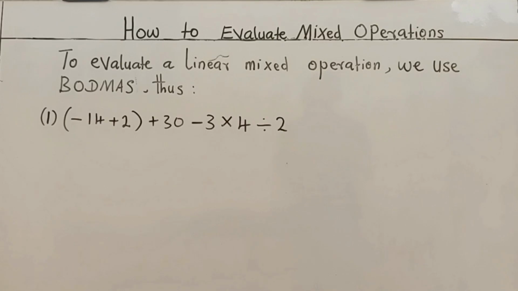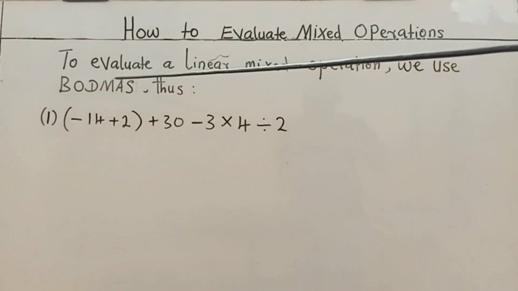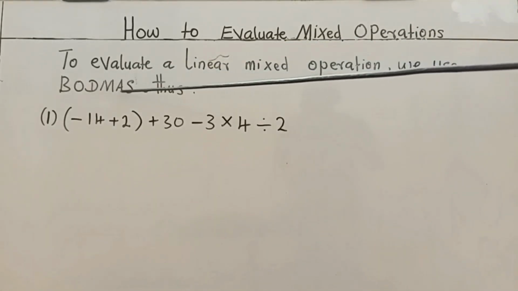So, which means do brackets first, followed by off, followed by division, followed by multiplication, followed by addition, and followed by subtraction, the last one. That does not mean that in every case that contains mixed operation, all of this must appear. How many are they? 1, 2, 3, 4, 5, 6.